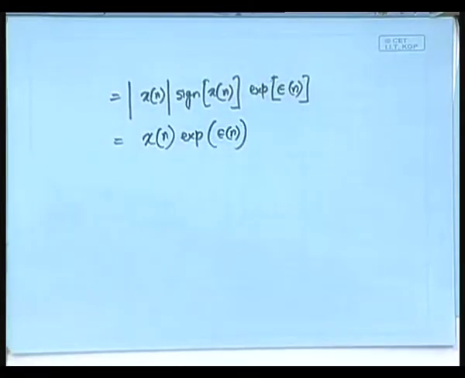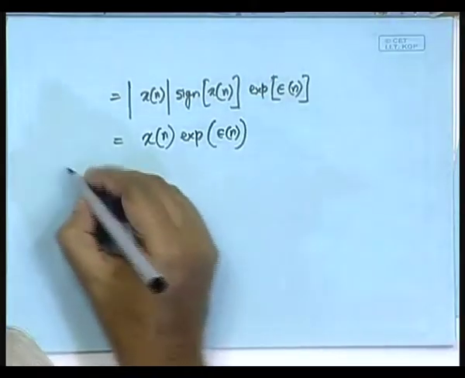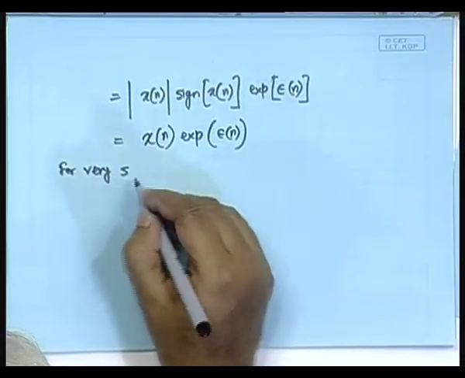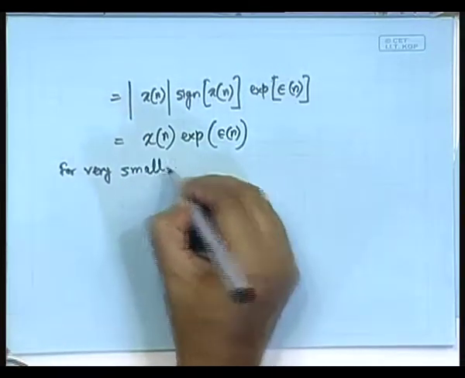And for very small epsilon n, we can approximate this exponential epsilon n as a linear quantity.